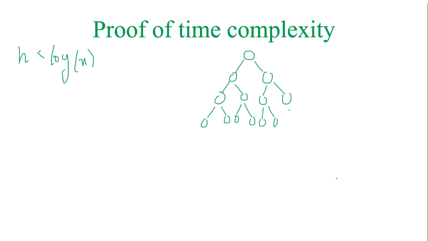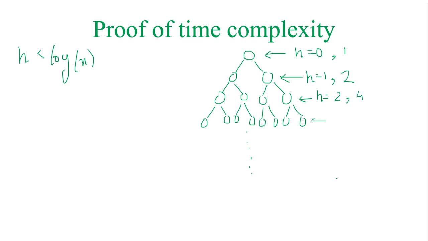So we can extend this up to height h. At height 0, the number of nodes is 1. At height 1, the number of nodes is 2. At height 2, the number of nodes is 4.